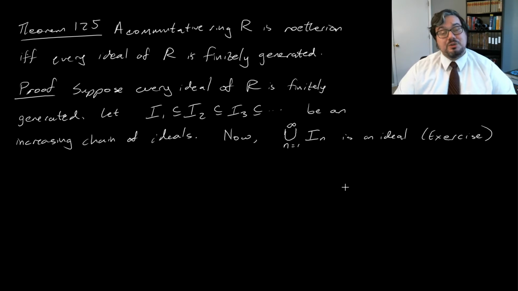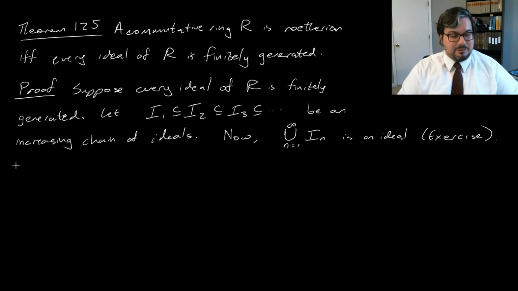In general, the union of ideals is not an ideal. However, when you're taking the union of an increasing chain of ideals, it turns out that that union will be an ideal, although it does take some work to do. But since it is an ideal, let's give this the name I.